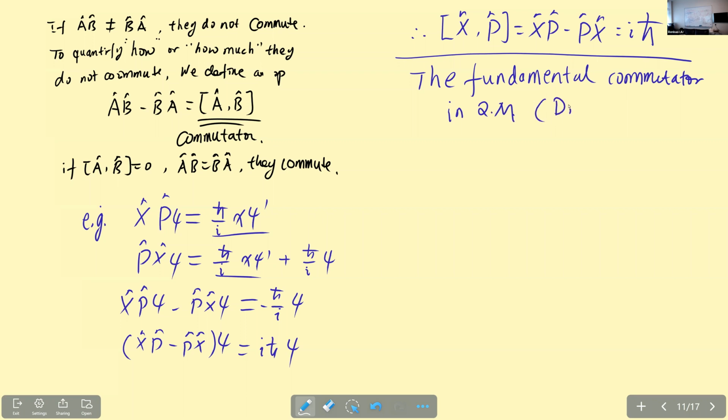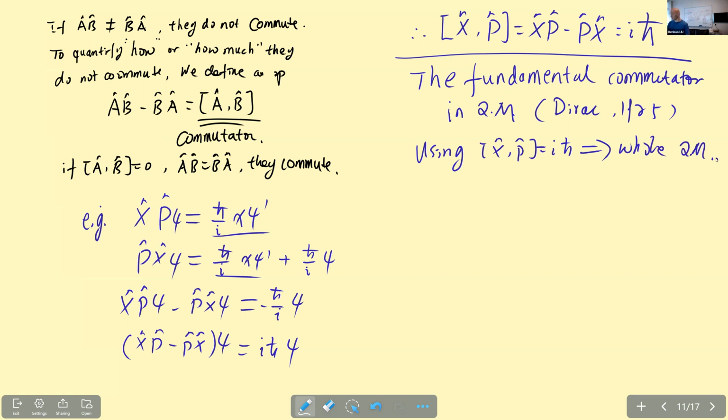According to Dirac in his thesis in 1925, that means actually using this one, you can derive the whole quantum mechanics, except for, of course, measurement. Because the measurement is kind of interpretation. But otherwise, everything in quantum mechanics can be derived from this one.